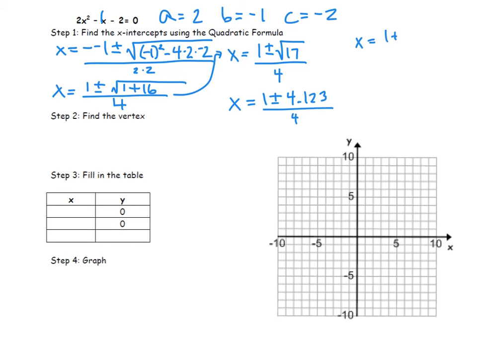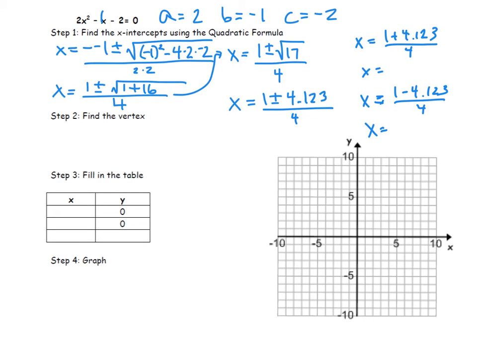So x equals 1 plus 4.123 divided by 4, and x equals 1 minus 4.123 divided by 4. We'll compute those two x values. Again, be careful that you add or subtract the numerator and hit enter before you divide by 4 or use parentheses.